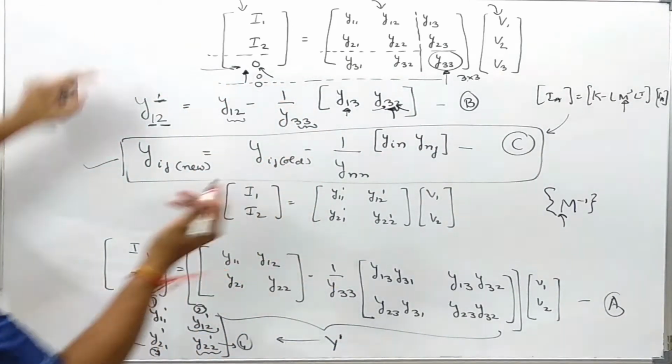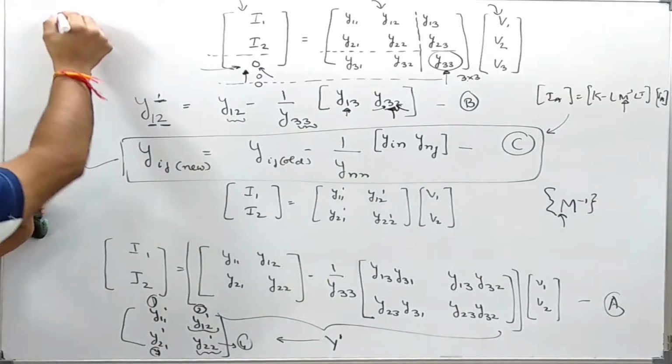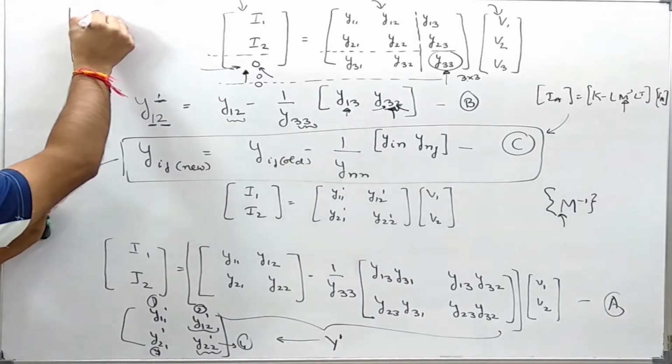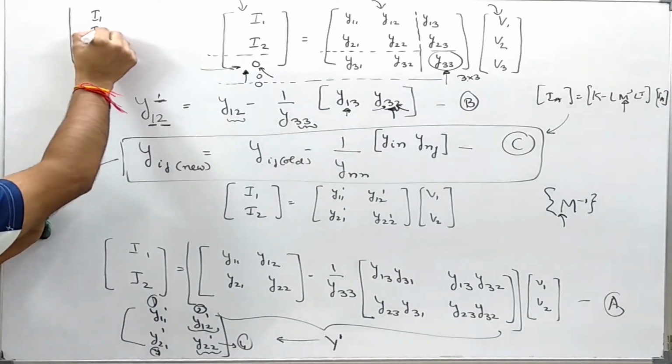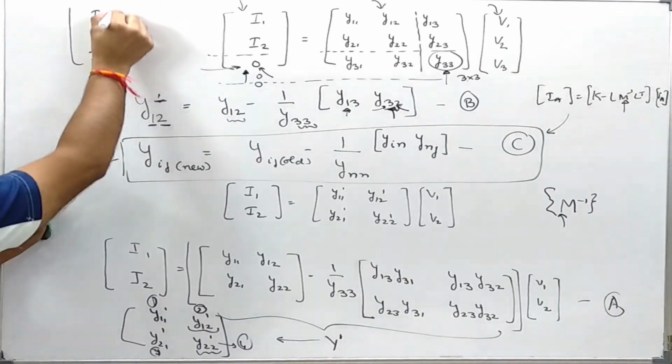Now let us say we were having a power system in which I1 would not be 0, I2 may not be 0, and I3 was 0 and I4 was not 0.